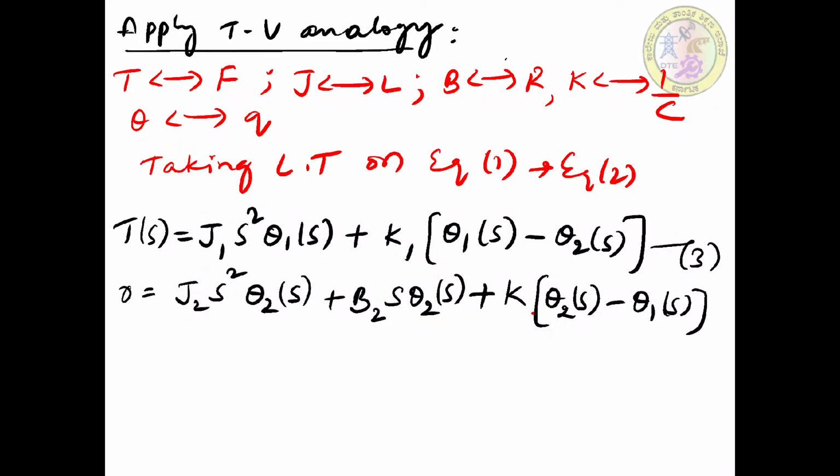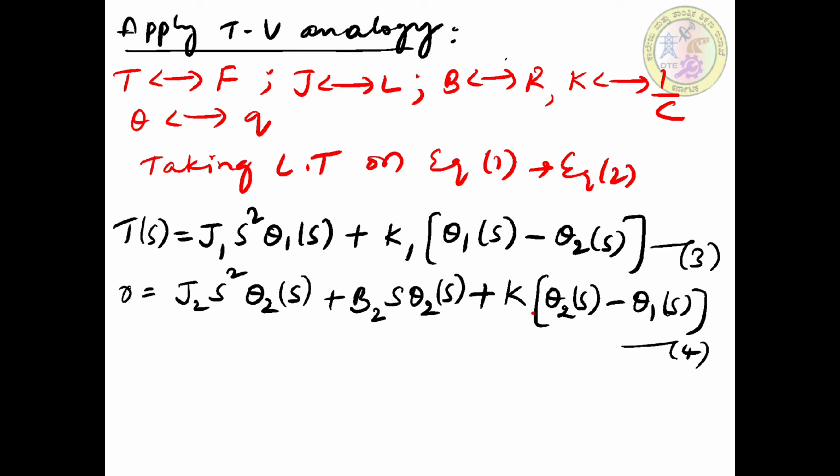When it is at node 1, it is theta 1 minus theta 2; at node 2, it is theta 2 minus theta 1. This will be equation 4. So now in 3 and 4 we will replace all the quantities.